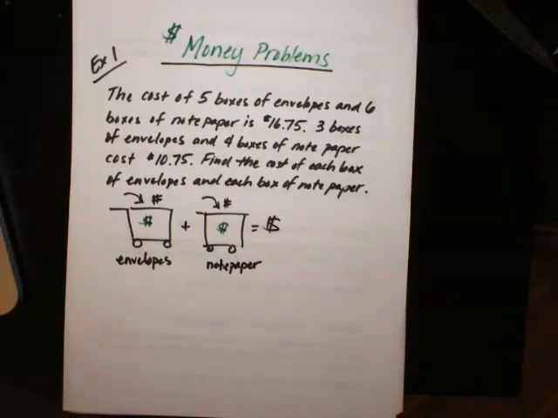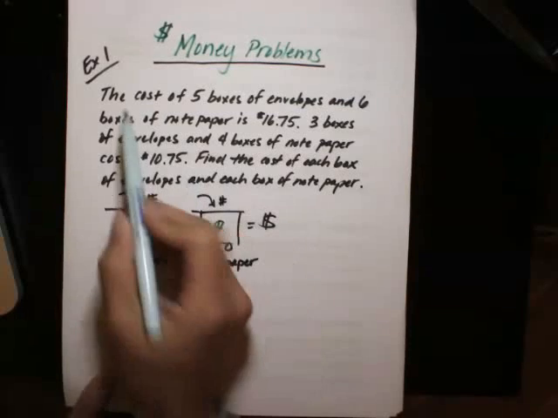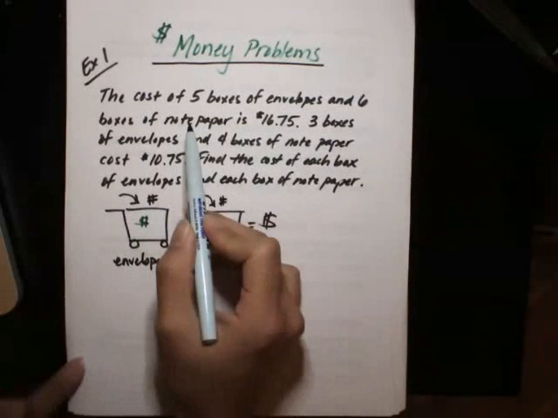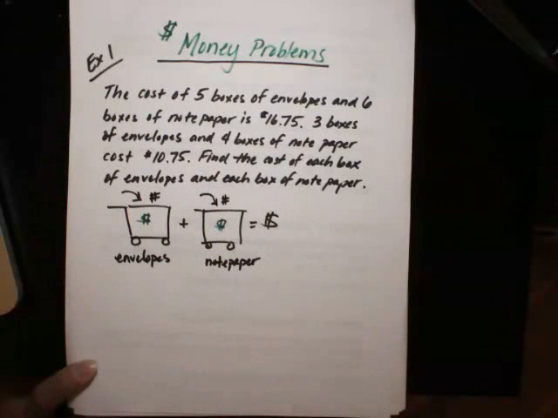So in setting up our equation, we're going to work in the same fashion, multiplying down, adding across. When we put our information in, what's really important is, let's take apart the paragraph. In our first sentence, you have 5 boxes of envelopes and 6 boxes of notepaper, cost $16.75.